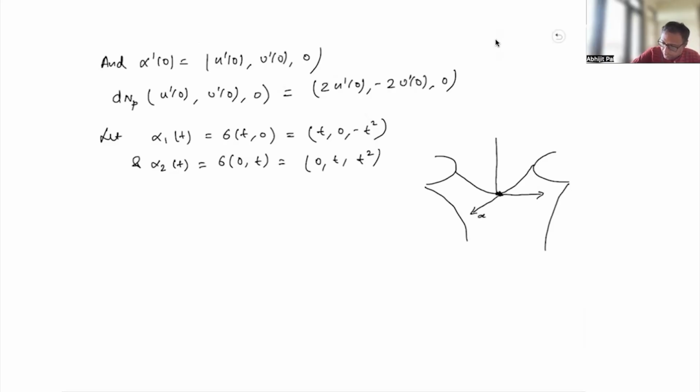This is my x-axis, this is y-axis, and this is z-axis. Now what is my alpha 1 of t? Alpha 1 is like this. This is my alpha 1 curve. And what is my alpha 2 curve? It is this curve, alpha 2.